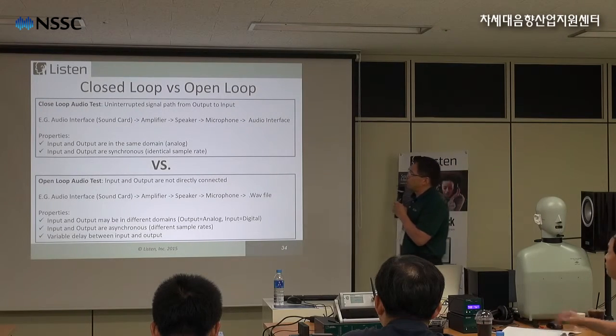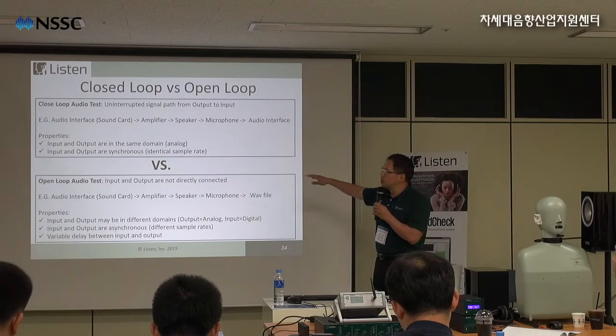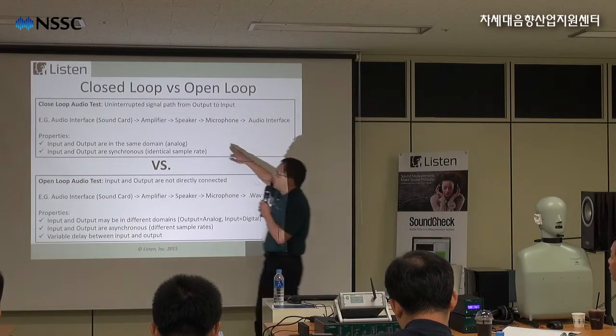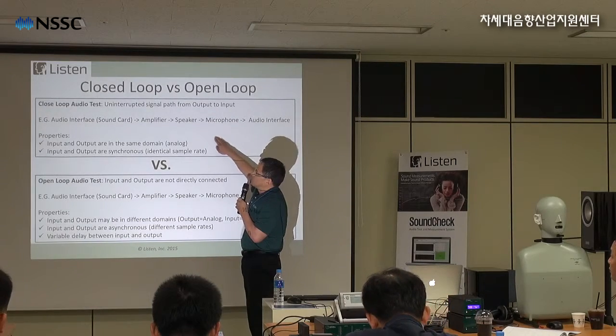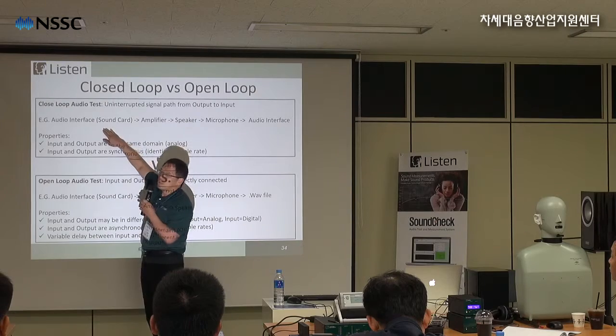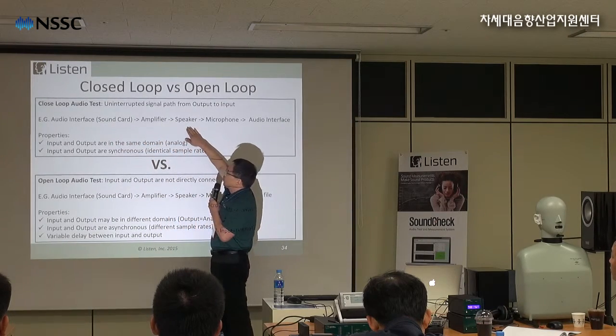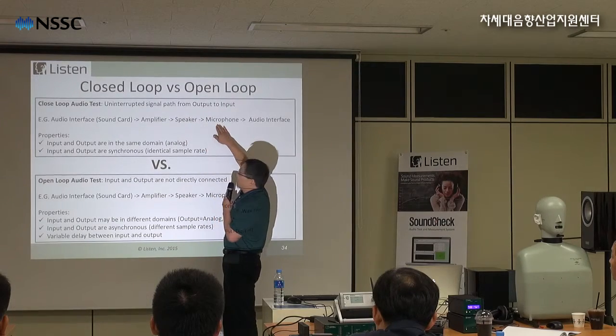So we already talked about some of the differences between closed loop and open loop. Mainly look at the chain of the test loop. You have a sound card, and it goes to the amplifier, which goes to the speaker, back to the microphone.